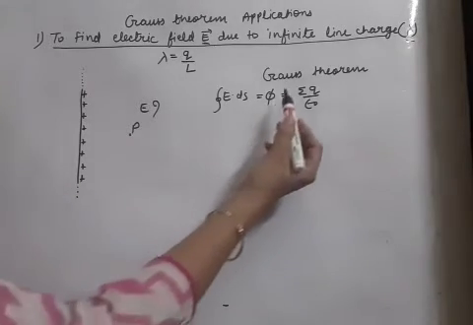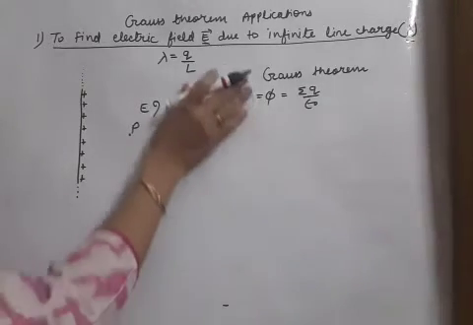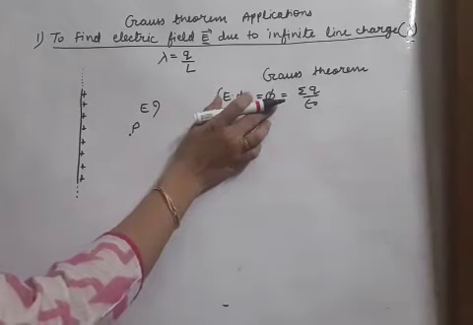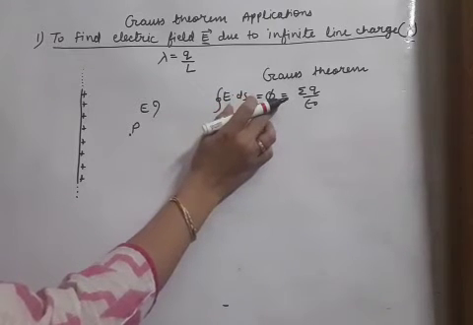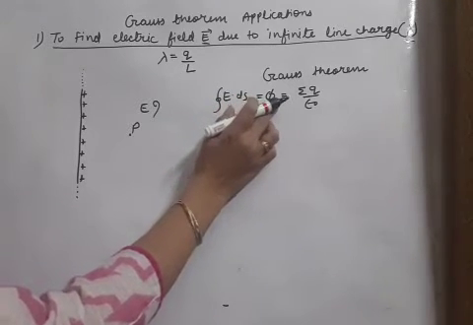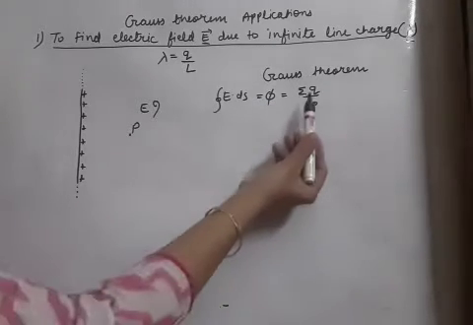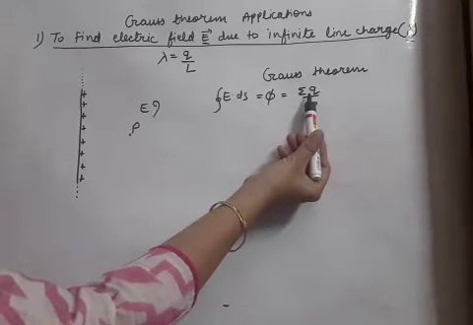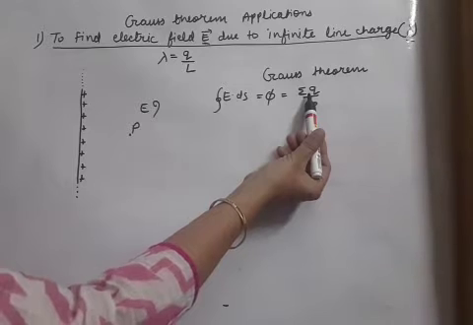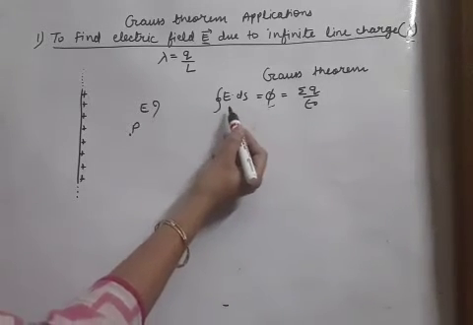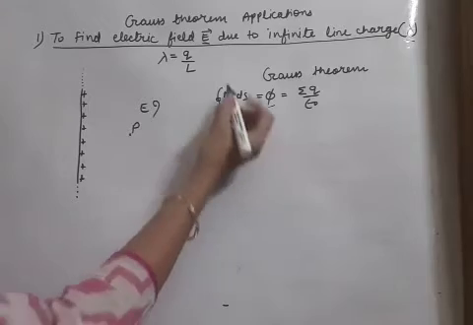Let us first discuss what is Gauss theorem. So Gauss theorem is flux phi, total flux phi through any closed surface is summation q upon epsilon 0. Summation q means total charge in that surface, inside the surface. Okay, but flux definition is integration of E dot ds vector.